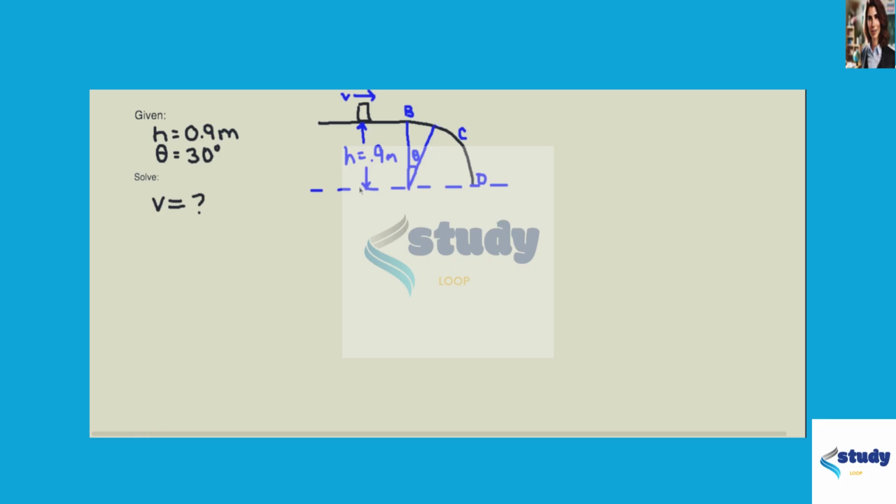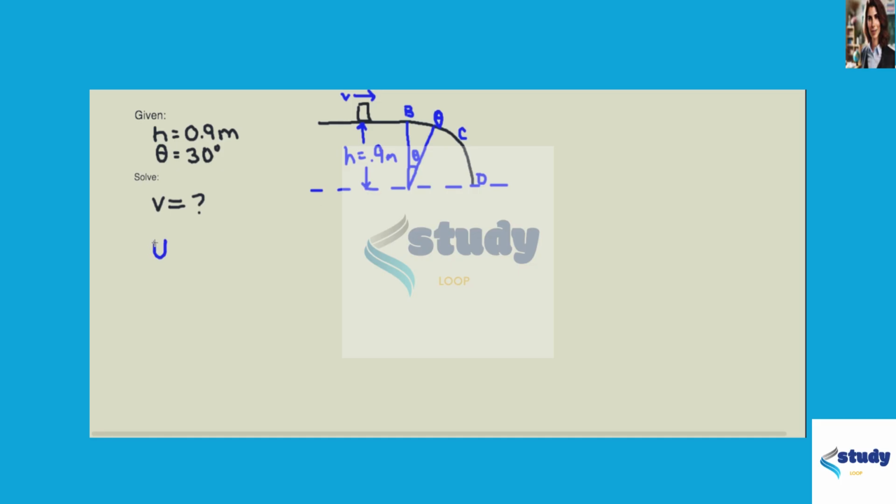So first we need to understand that as the block slides from this point B to the point at theta, and let's draw, we'll call this theta, work is being done. So we will apply the principle of work and energy.